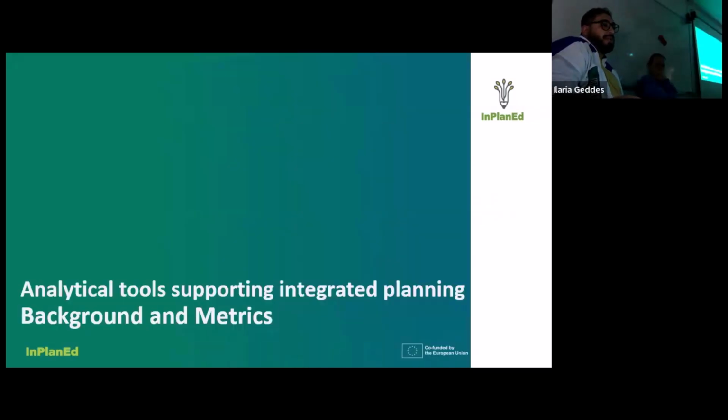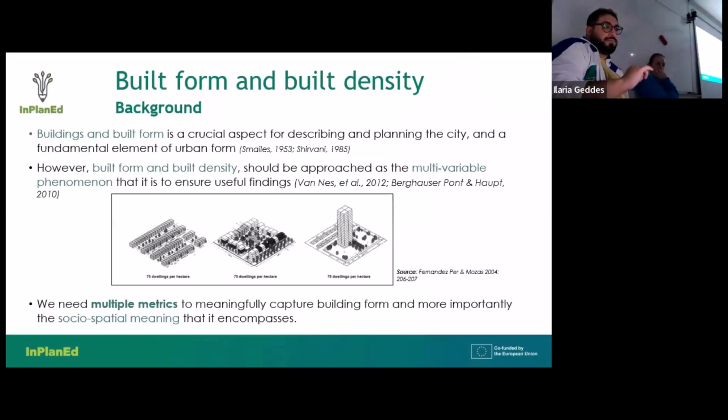So let's discuss a bit about the different analytical tools and metrics. Built form, as you may understand, is a crucial aspect of describing a plan in a city and a fundamental element of urban form.